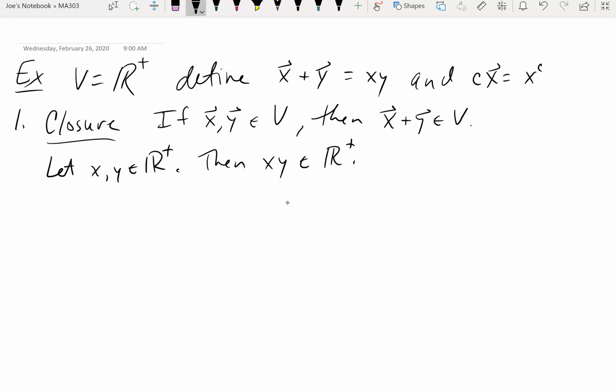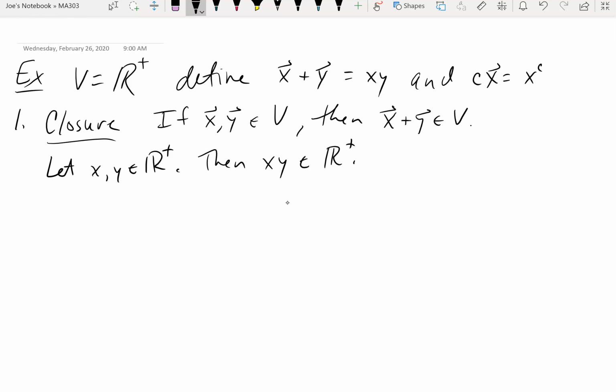We agree? So remember, I've switched a little bit here. The property is stated this way, correct? If I start with two vectors and add them together, I land back in the vector space. I get another vector, right? My vectors in this case are positive real numbers.